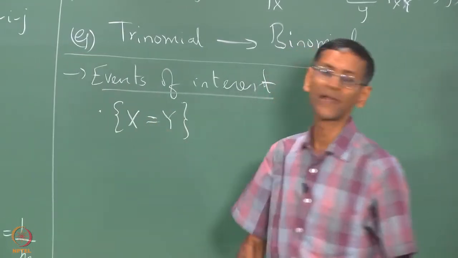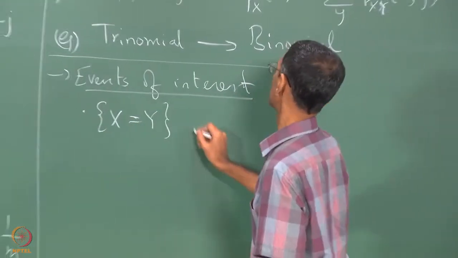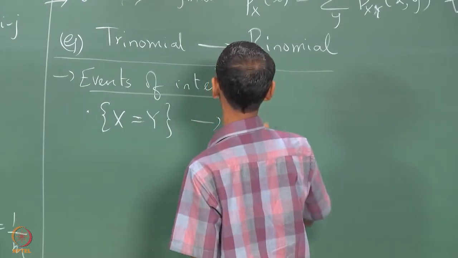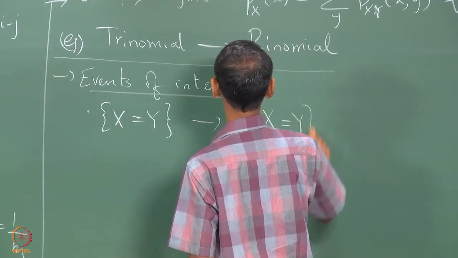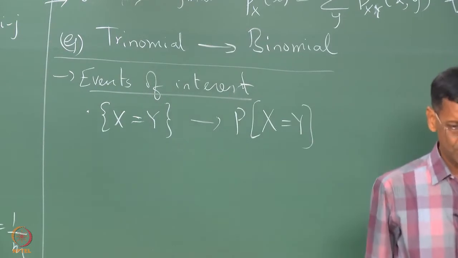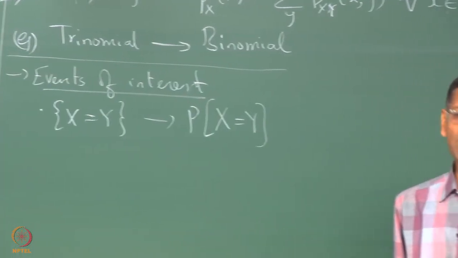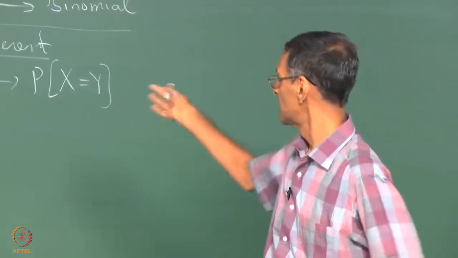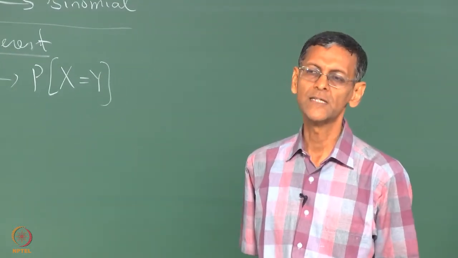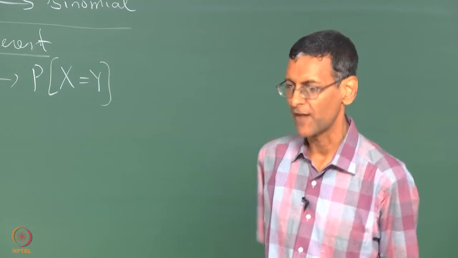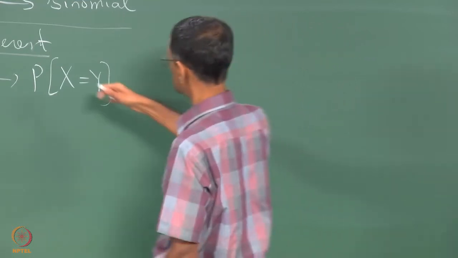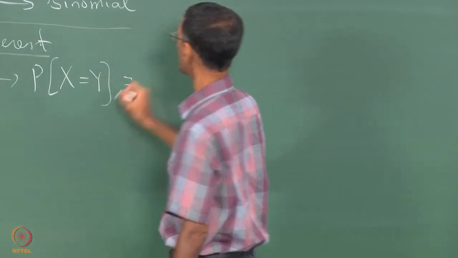In general, how do I calculate this? This has a probability, and we have already said that for the discrete case almost every such combination of points in the space is an event. So, X equal to Y is a valid event, for which we should be able to write out the probability.